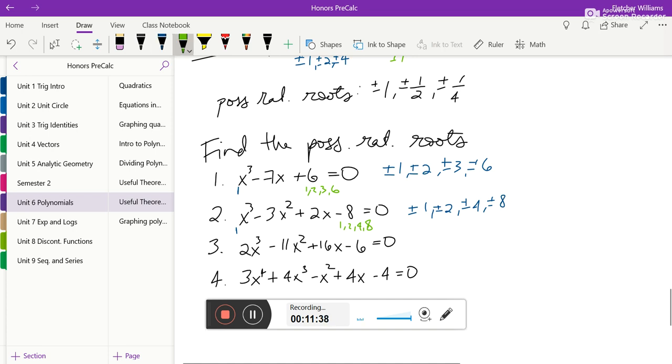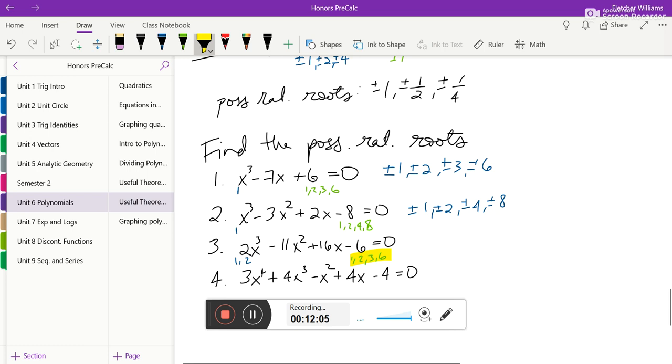For number 3, we look at our factors from the constant term. We've got 1, 2, 3, and 6. From the leading coefficient, 1 and 2. Okay, so now there's going to be more possibilities. So 1 over 1. By the way, what I do is I first just go through all of these 4 numbers, because the leading coefficient always has a factor of 1.